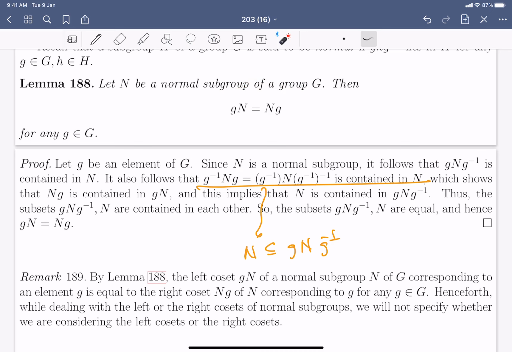This lemma is quite important. It says that if you start with a normal subgroup, then the left coset of N corresponding to this element g is equal to the right coset of this subgroup N corresponding to g. So gN is Ng. Thanks to this lemma, from now on, while we deal with the cosets of a normal subgroup, there is no reason to explicitly specify whether you are dealing with left cosets or right cosets.